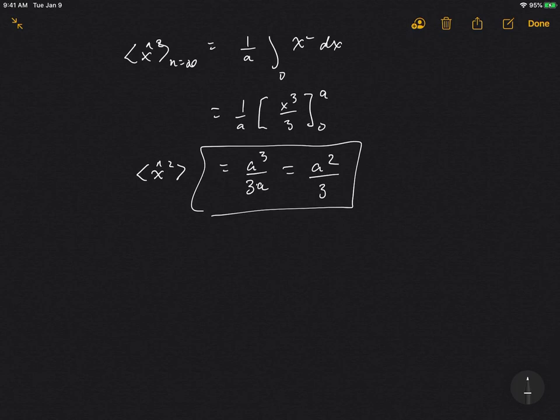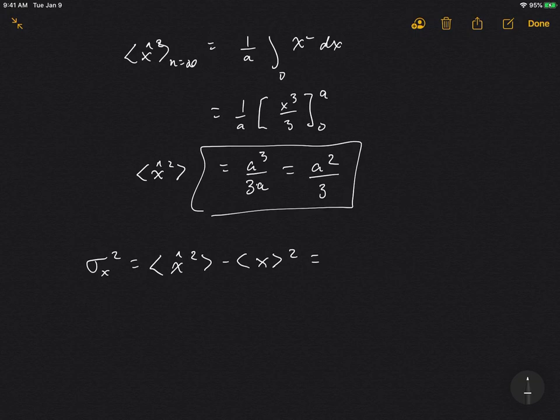Let's see, so for this one we got a squared over 3, and then for the other one we got the expectation value of x is a over 2, and so if we square that, that's going to be a squared over 4.